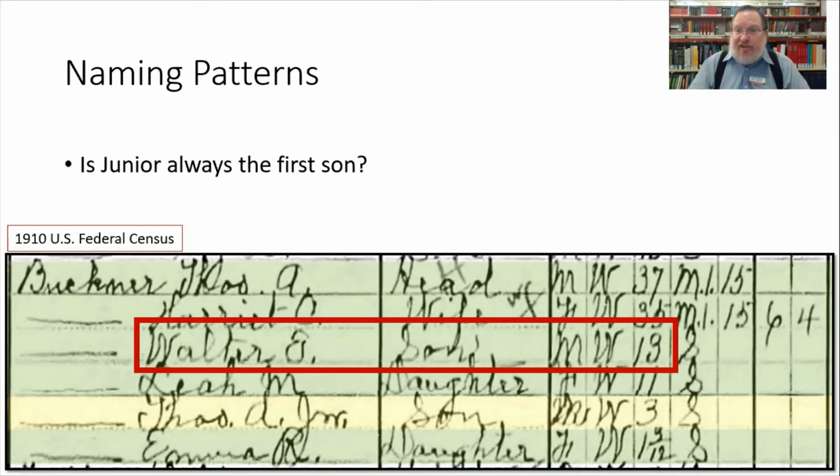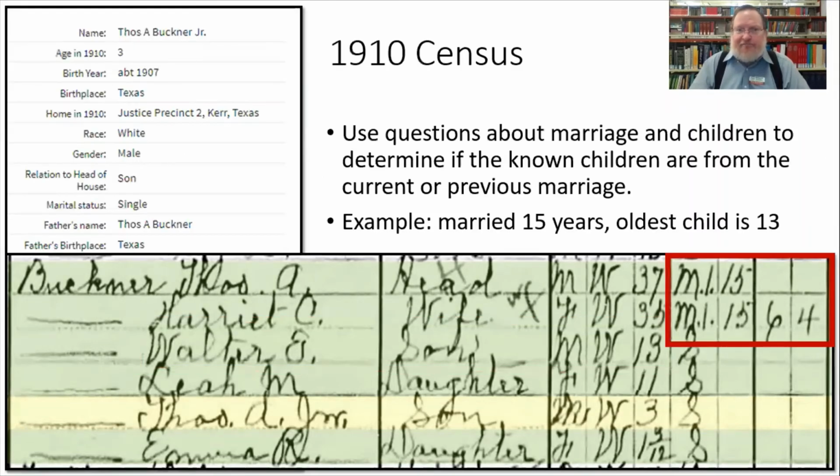It could be a son down the line in a family, the third son born to the person. It could skip a generation. That's another whole lecture in itself. But do know that when you find a junior, there probably was a senior somewhere in that direct lineage somewhere down the line. So just remember that about naming patterns.